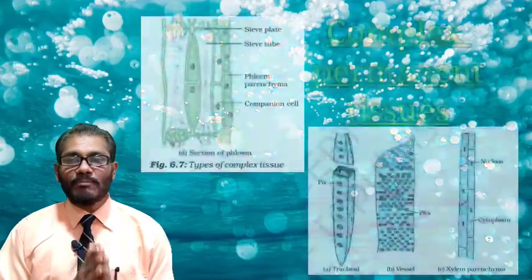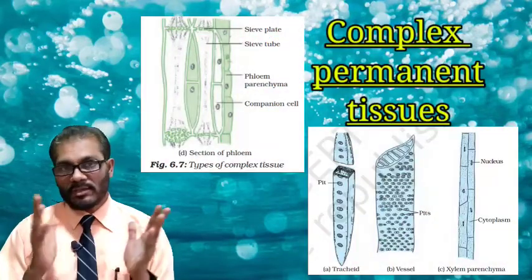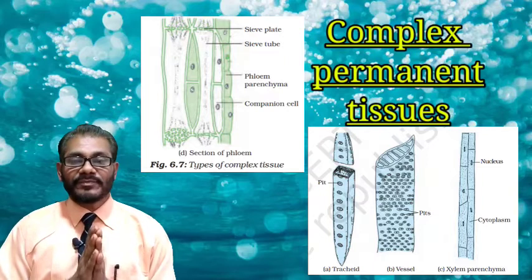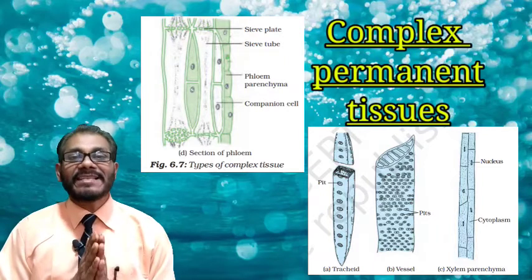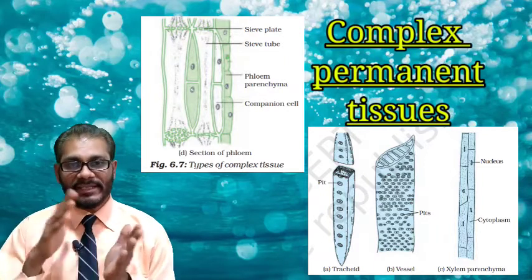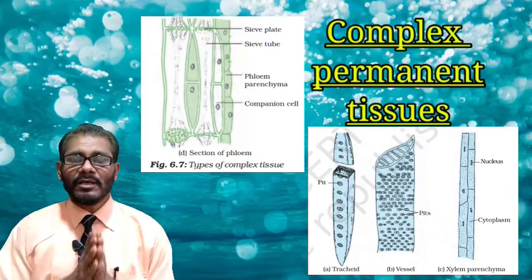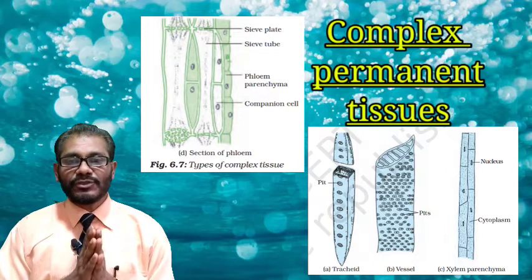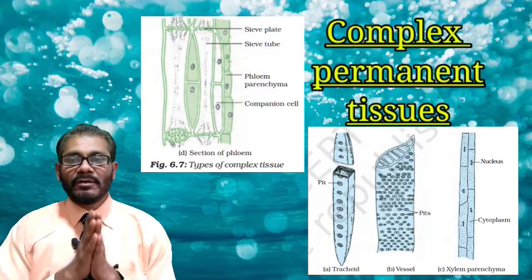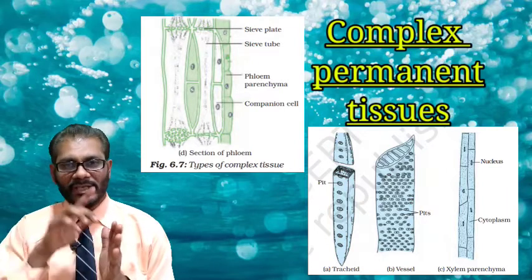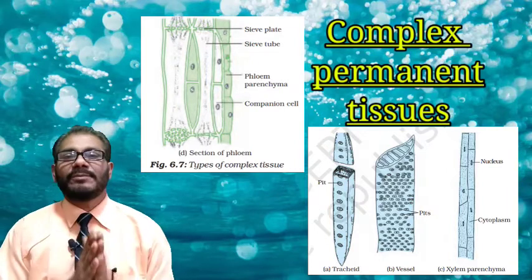Now come to the complex permanent tissue. What are the complex permanent tissues? We will take some idea about them, then we'll see the detailed explanation in the NCERT book. Complex permanent tissues are made up of more than one type of cells. कोई एक ही प्रकार के cells नहीं होते, बहुत सारे प्रकार के होते.